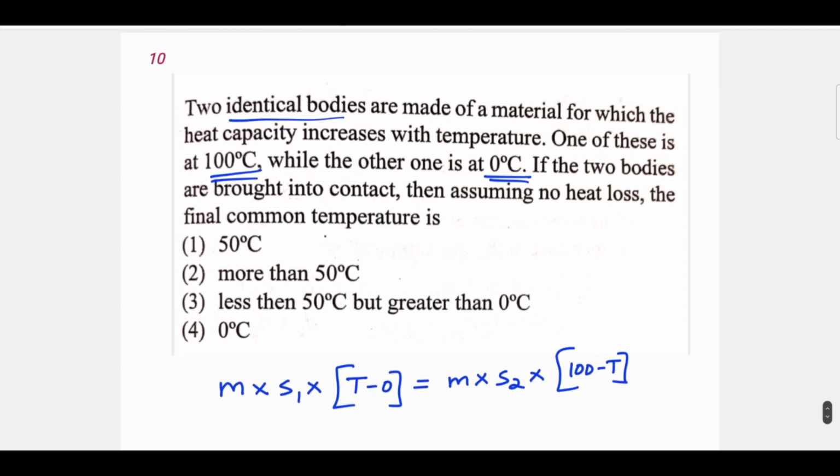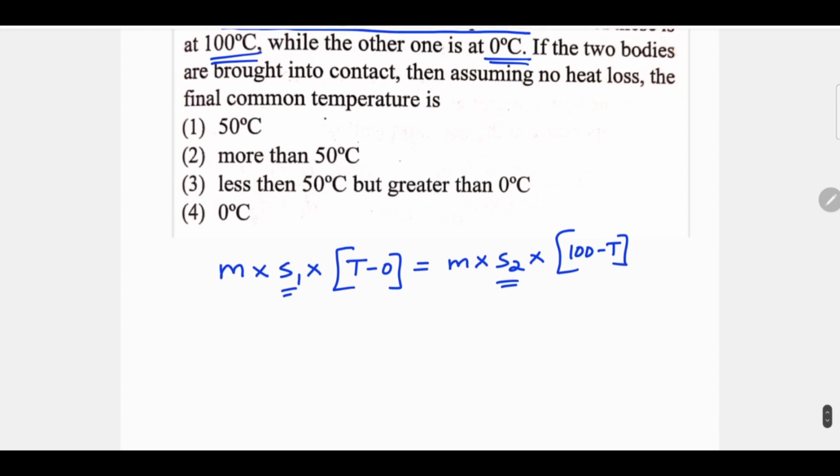Now, here there is a speciality. Their heat capacity increases with the temperature. That means S1 and S2 are dependent on temperature. So from this relation, M cancels. So you get T by 100 minus T equals S2 by S1.